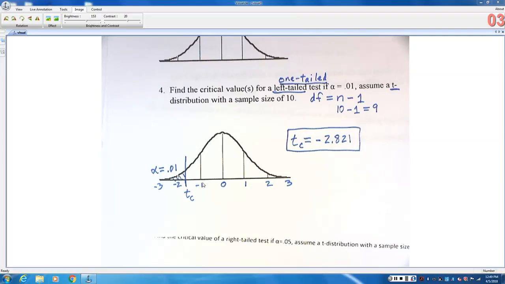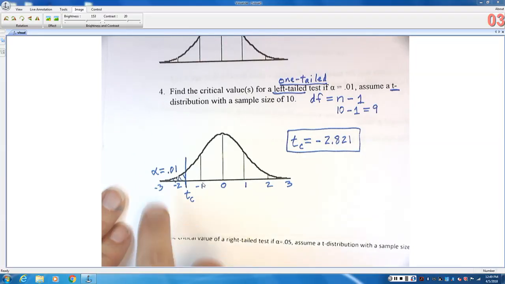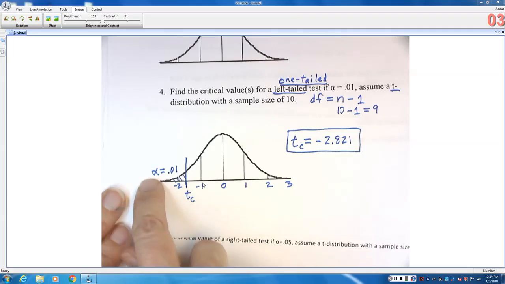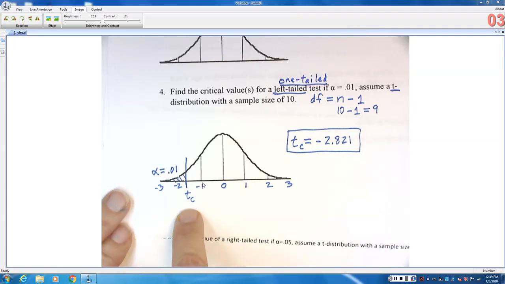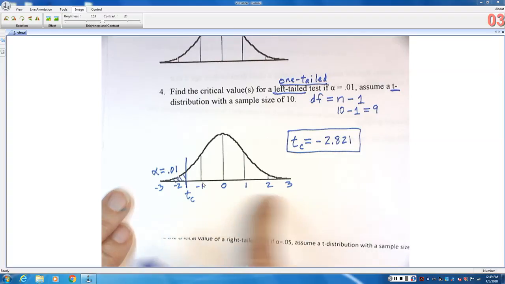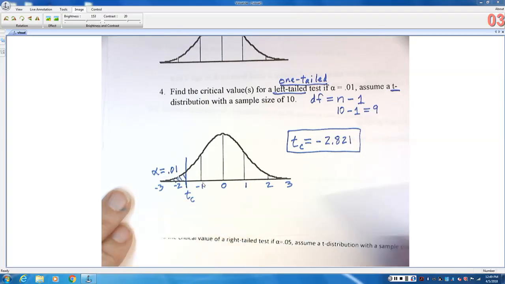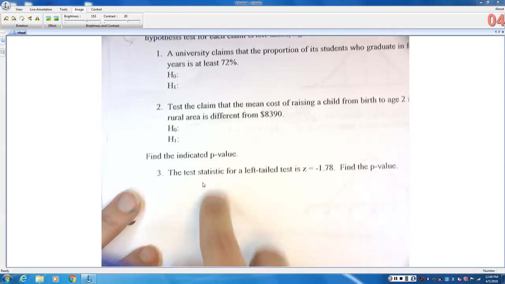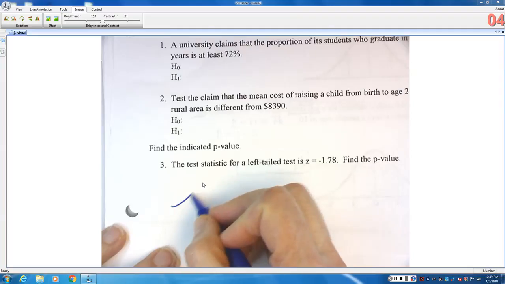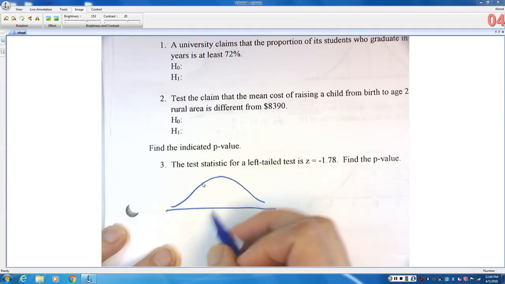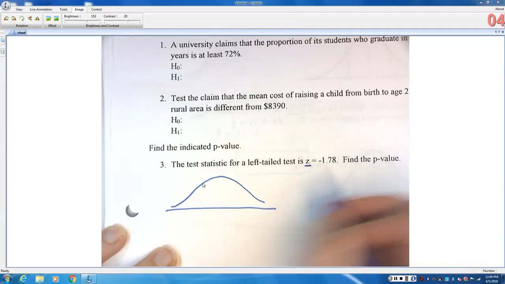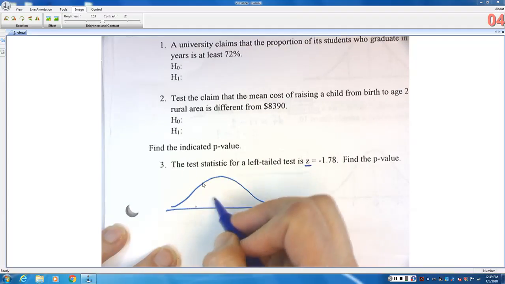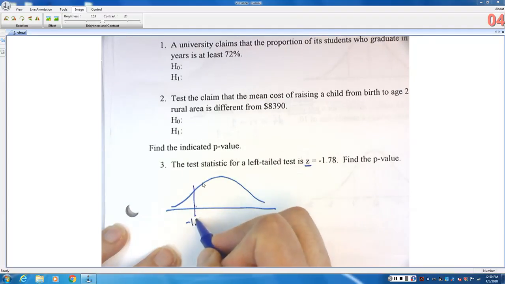One thing people ask is you gotta get used to the fact that we have two areas in the tail, alpha and the p-value. Alpha corresponds with the critical value on the horizontal axis, and that's what our charts say. And on the first page, they told you the test statistic. So for this one you draw, and it was left-tailed. You have a test statistic, and so it's Z, so it's at negative 1.78.